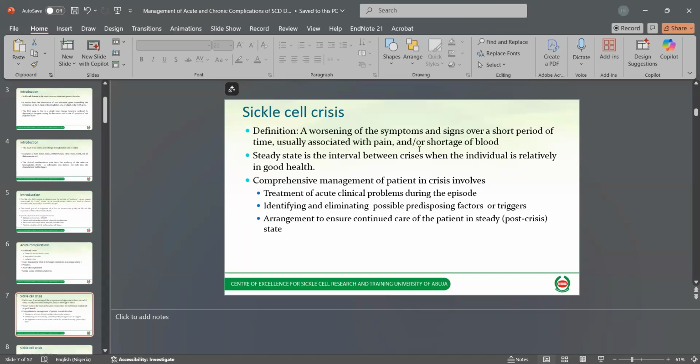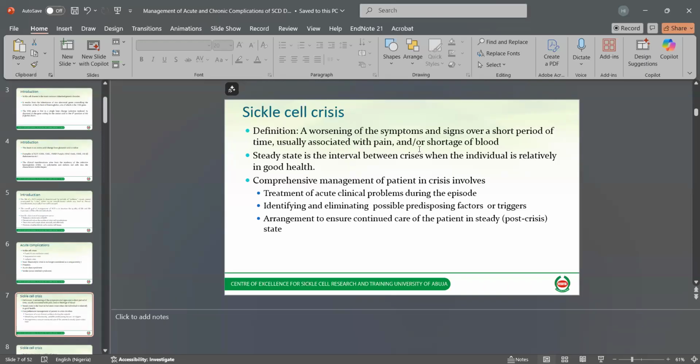Sickle cell crisis is defined as a worsening of the symptoms and signs over a short period of time, and is usually associated with pain or shortage of blood. So this crisis can be mainly pain, or anemia. The sequestration and aplastic crises give us anemia.